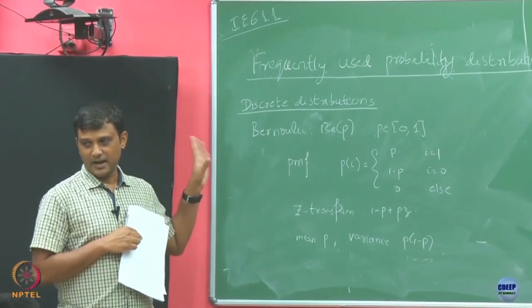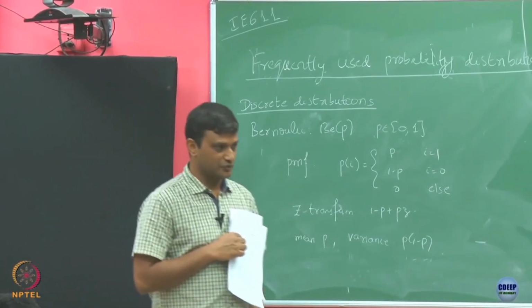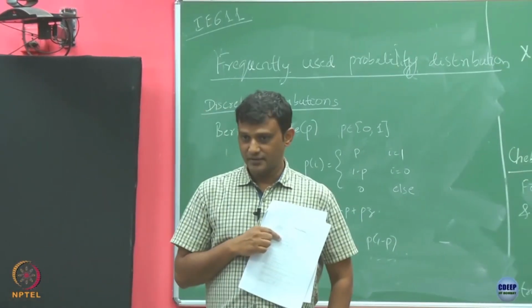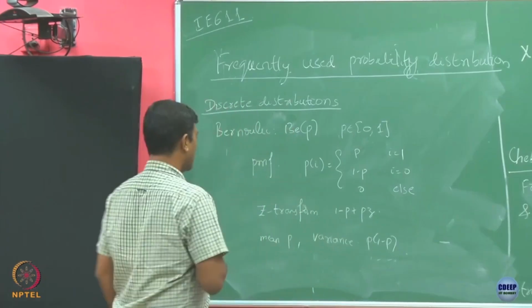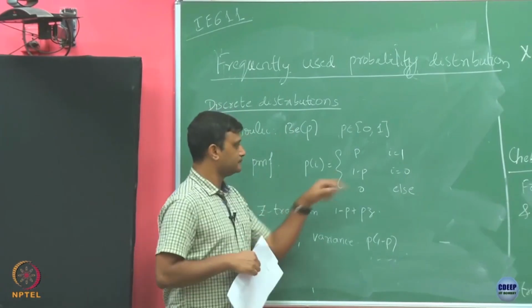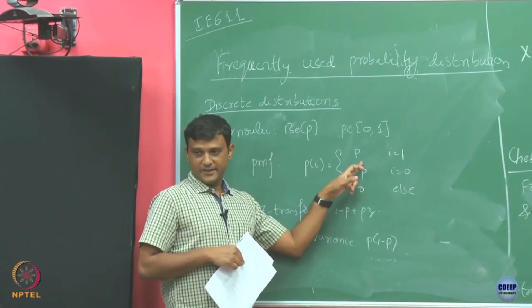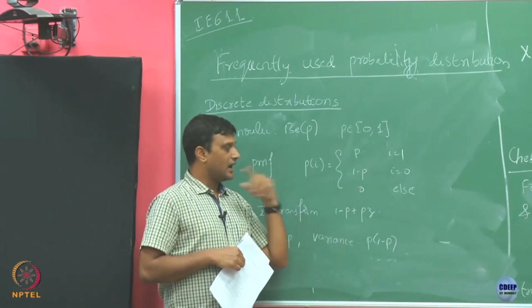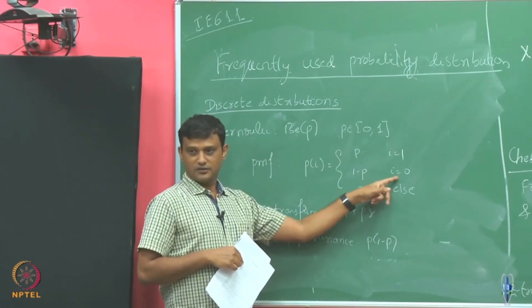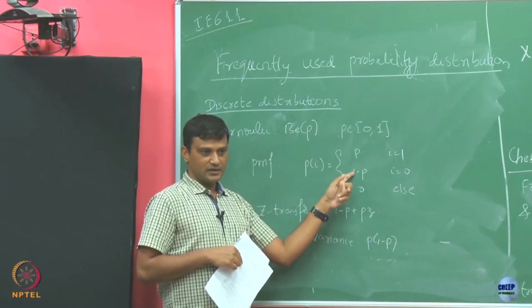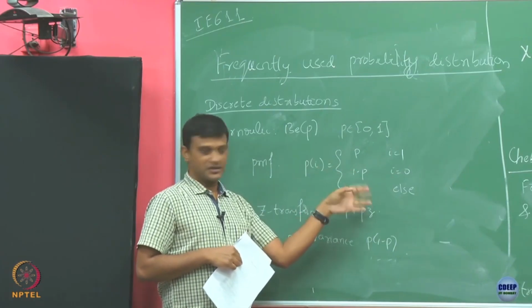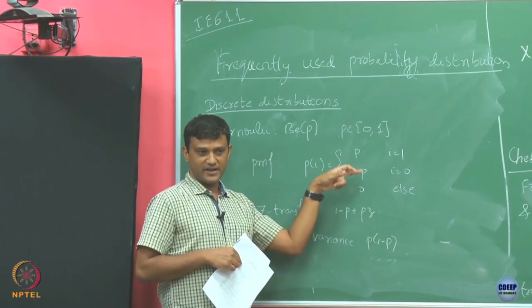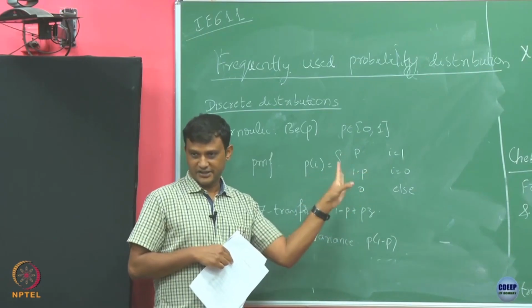I'm going to call something a Bernoulli distribution with parameter p, where it takes value 1 with probability p and value 0 with probability 1 minus p, and all other values are 0. This is already complete, right? p and 1 minus p means everything else is 0.